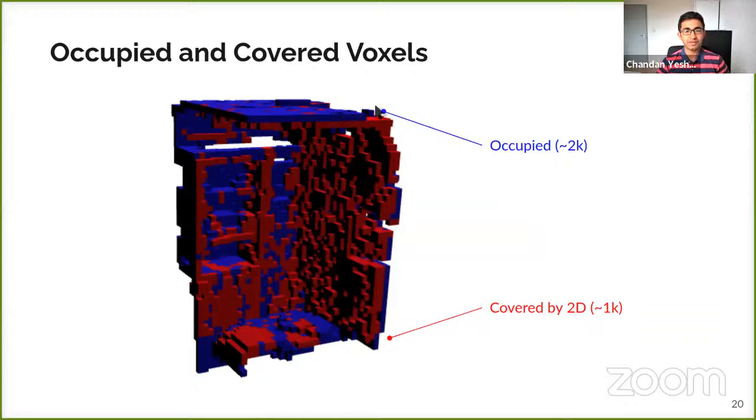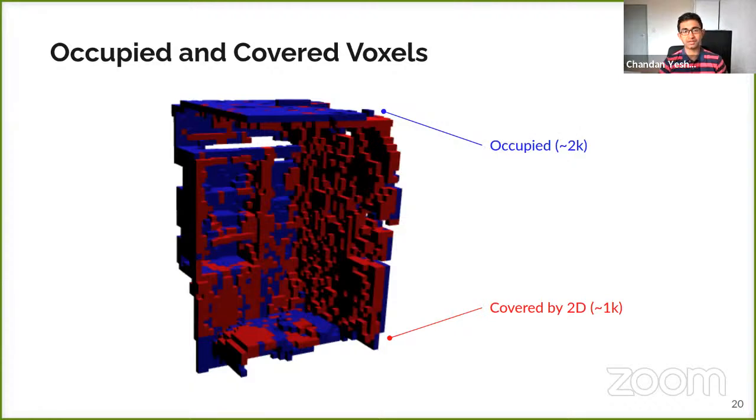So once we do this, we end up with something like this in 3D. The blue voxels are the ones that are occupied within a certain subvolume, and the red ones are a subset of those voxels which are seen from the nearest camera pose. So on average, within the subvolume, which is a 32-64 grid, we have only about 2,000 voxels which are occupied.